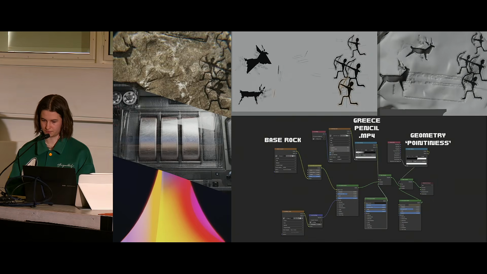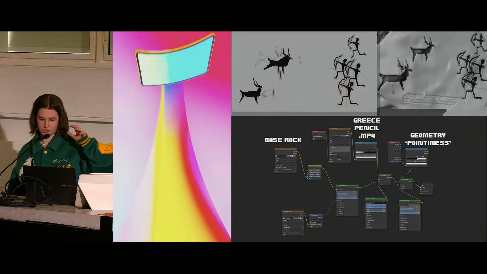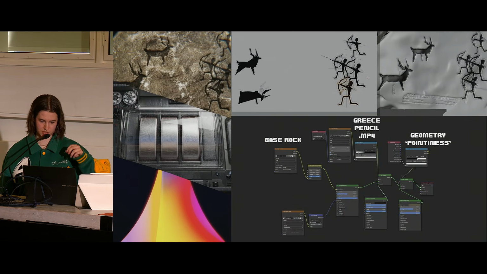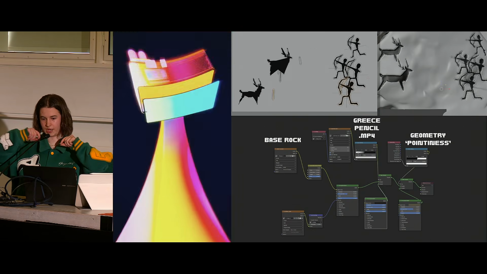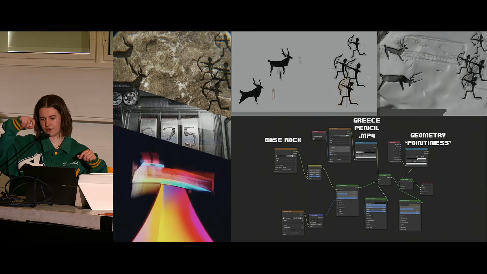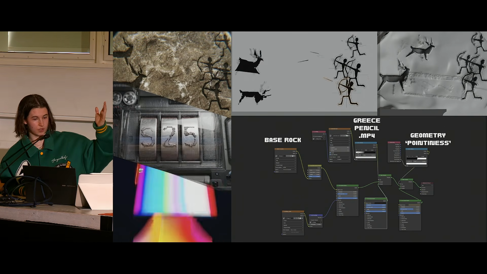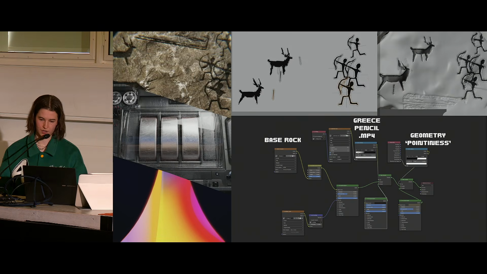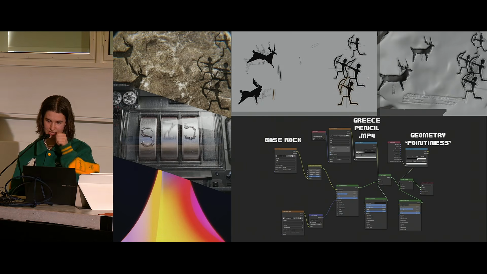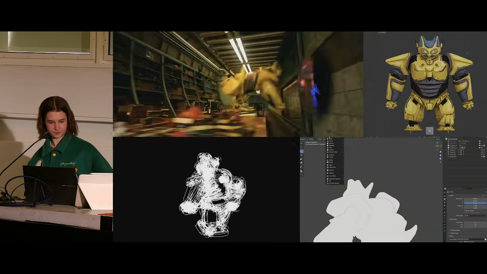And then literally put it into the node tree, the base rock, grease pencil, and then geometry pointiness. Once you've added a displacement, it allows you to look around. It masks out the areas that are pointy, which in this aspect, because we're using displacement on the movie, is going to be the characters and the deer that's involved in this shot.